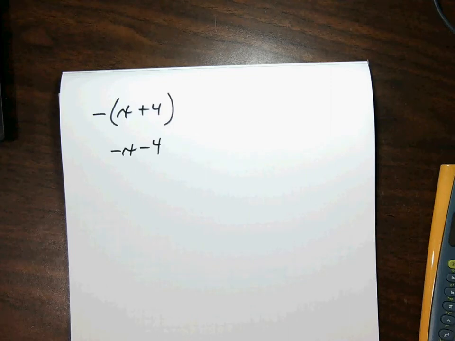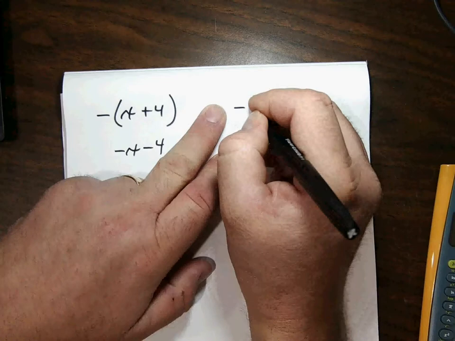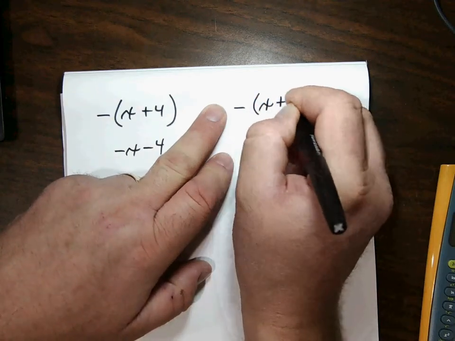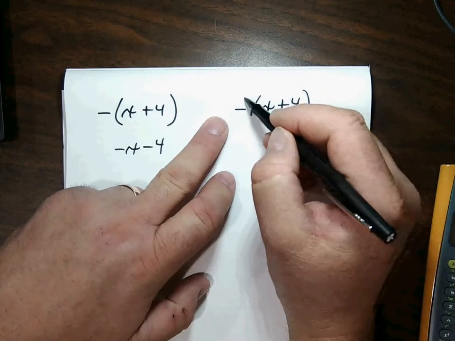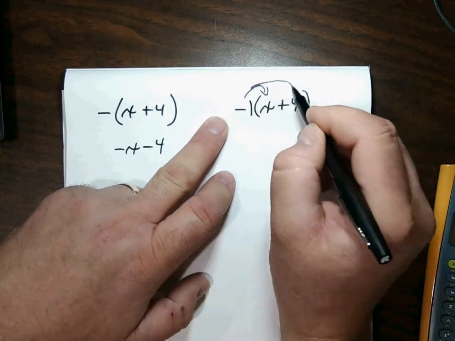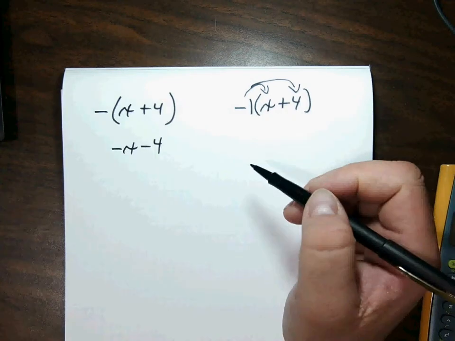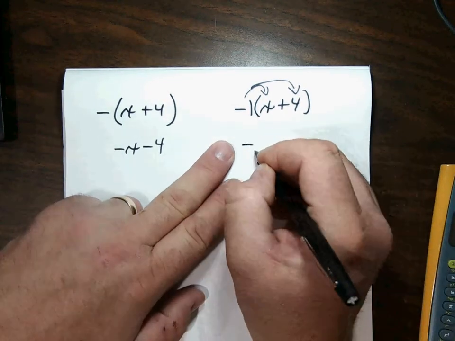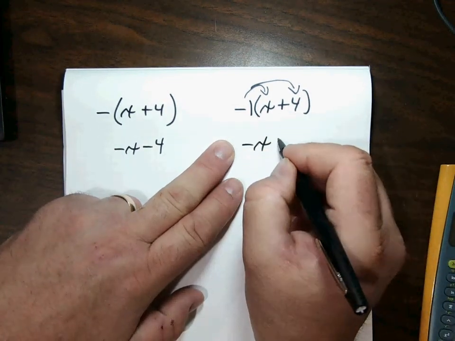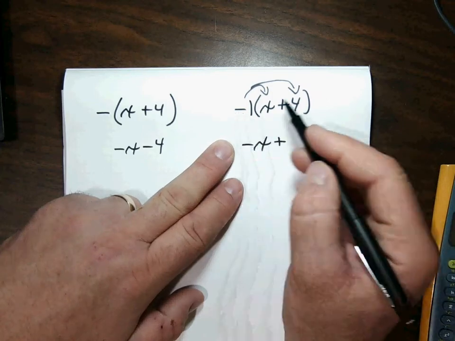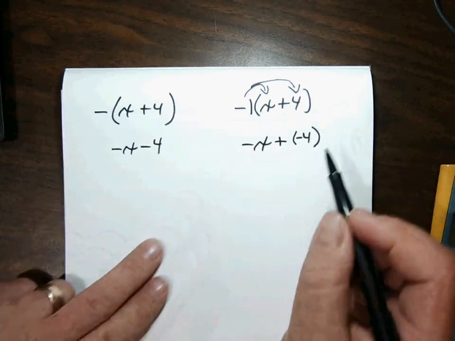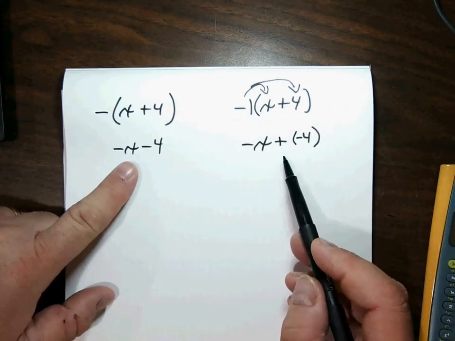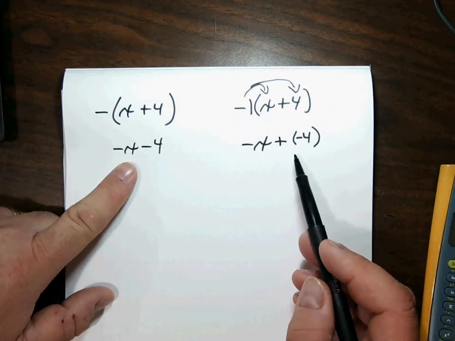So a negative outside the parentheses. Another way to think of it, even if the 1 is not shown, you can sneak a 1 in right there. And you could say, I'm taking a negative 1 and distributing it across. Negative 1 times positive x would give me a negative x. Then you can write the plus sign if you want. And negative 1 times positive 4 gives me a negative 4. It looks slightly different, but it's really not.